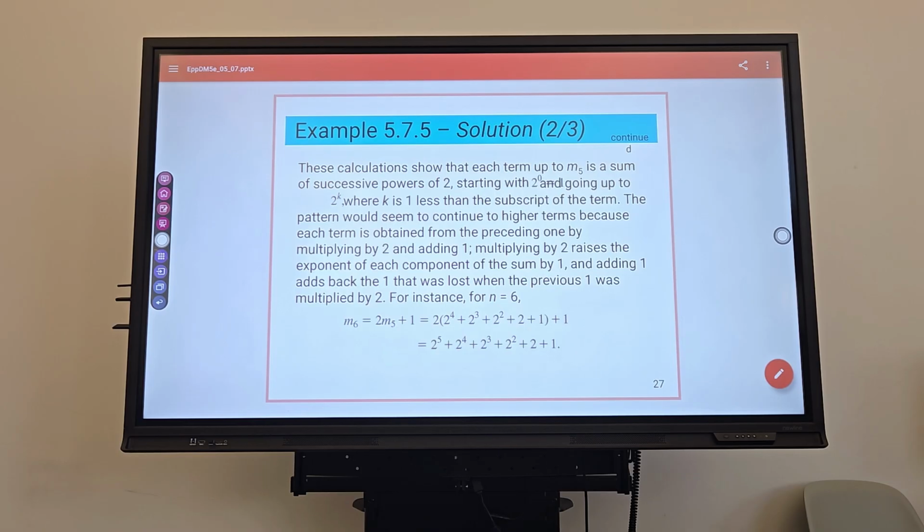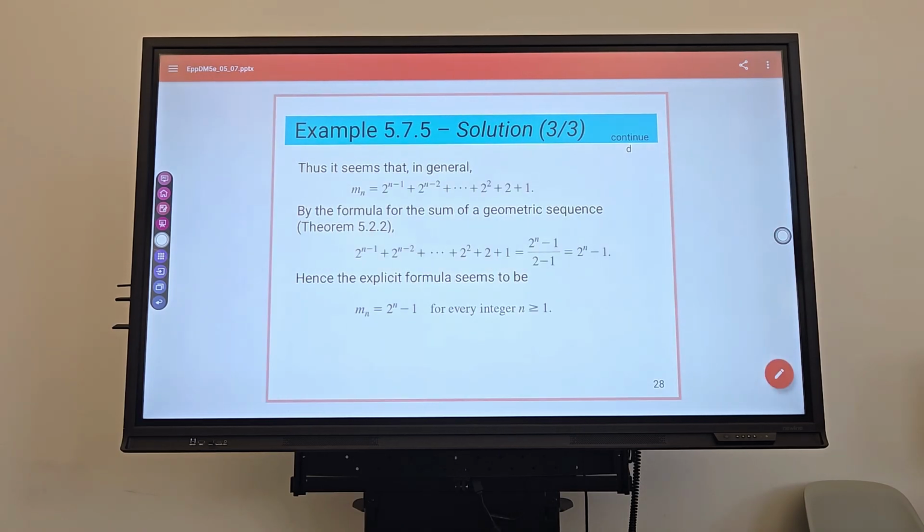Thus it seems that in general, the formula is the sum 2 to the n minus 1 plus 2 to the n minus 2, etc., plus 2 to the 2nd plus 2 to the 1st plus 2 to the 0th.